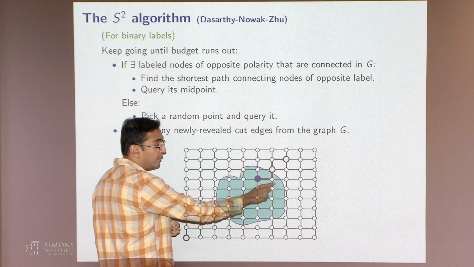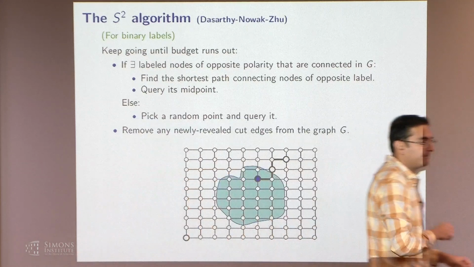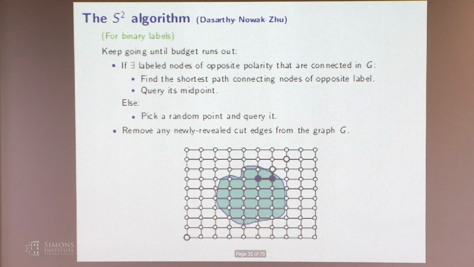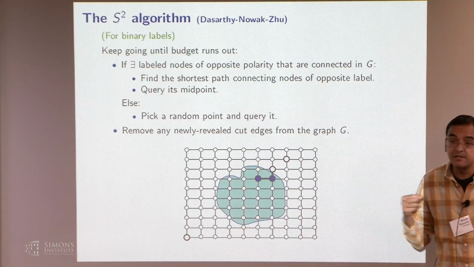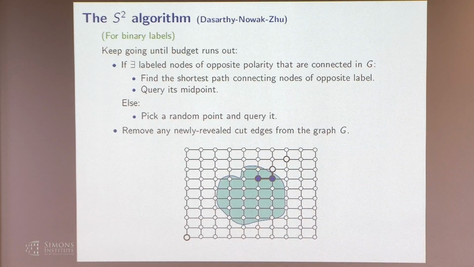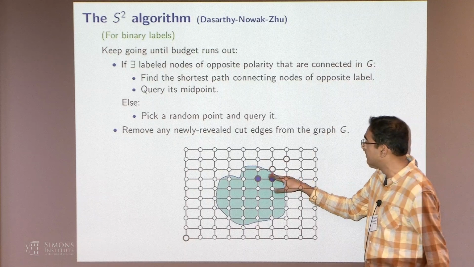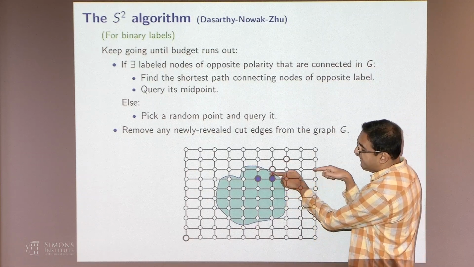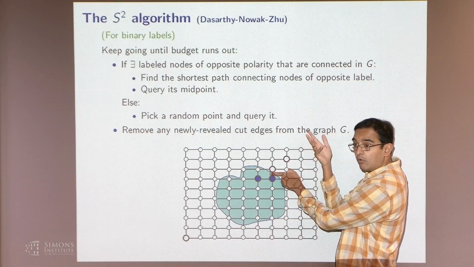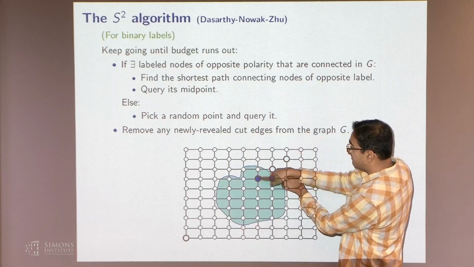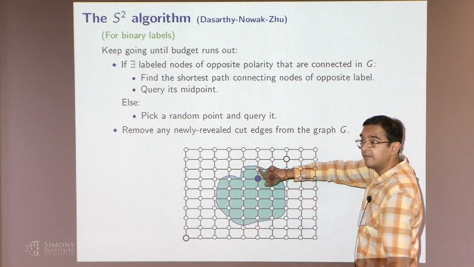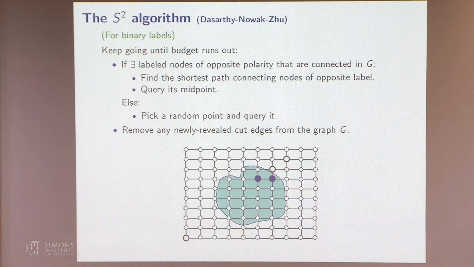So it queries the midpoint of that path. It's going to query this one next. And now it has located a cut edge. It's found this cut edge, and it's just going to remove it from the graph. And now, again, it looks at shortest paths between all pairs of opposite polarity, and it's going to query that one and find another cut edge.